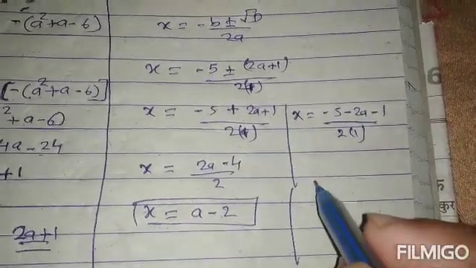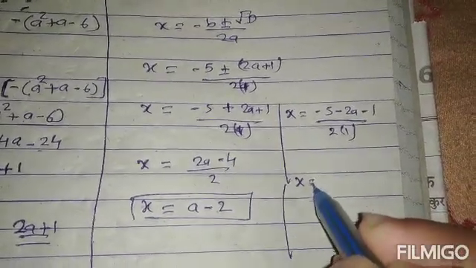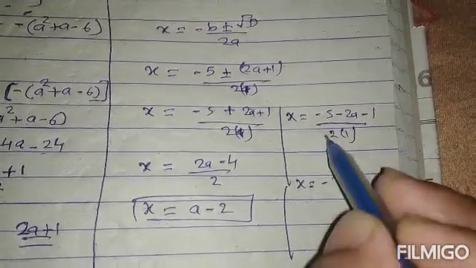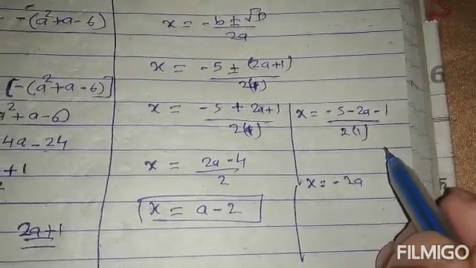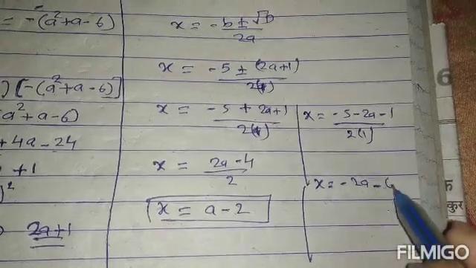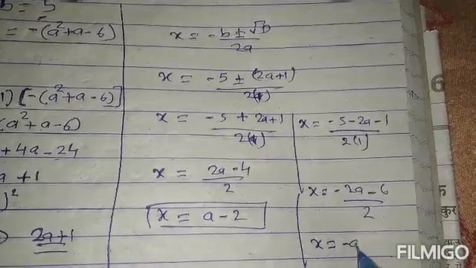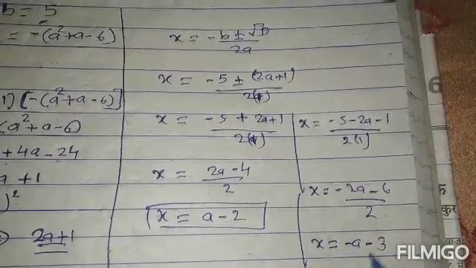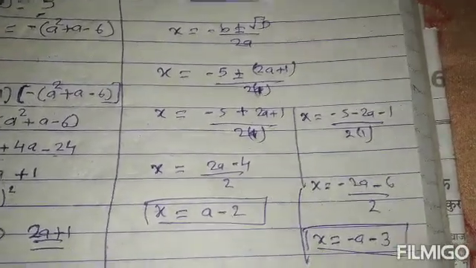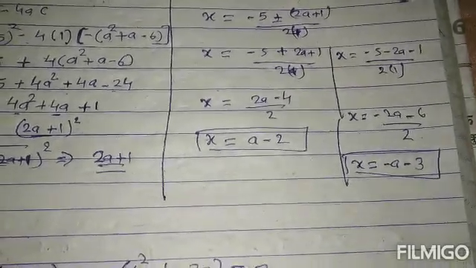In the second case, x equals minus 2a as it is, minus 5 minus 1 is minus 6, upon 2. Therefore x equals minus a minus 3. Got it?